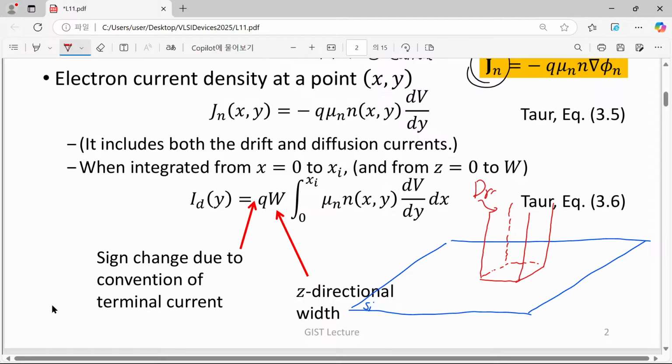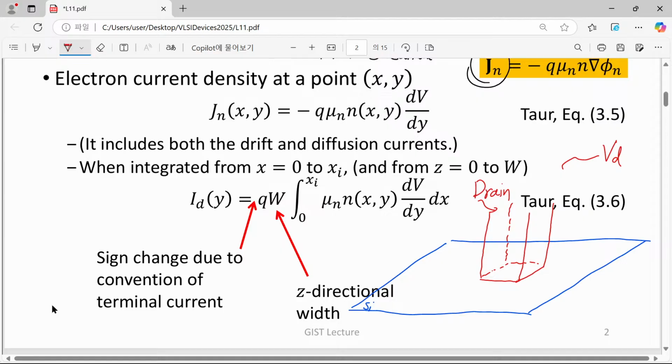Yes, this is the drain metal contact. Of course, it is biased to VD. Then our question is, we must calculate the drain current. Then how can we calculate the drain current?